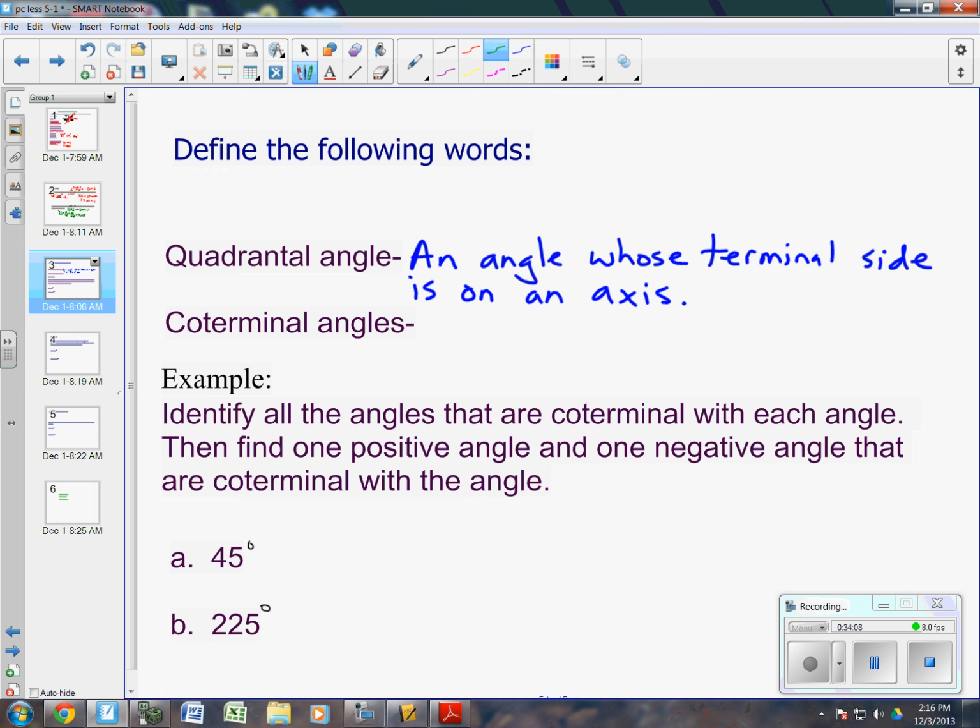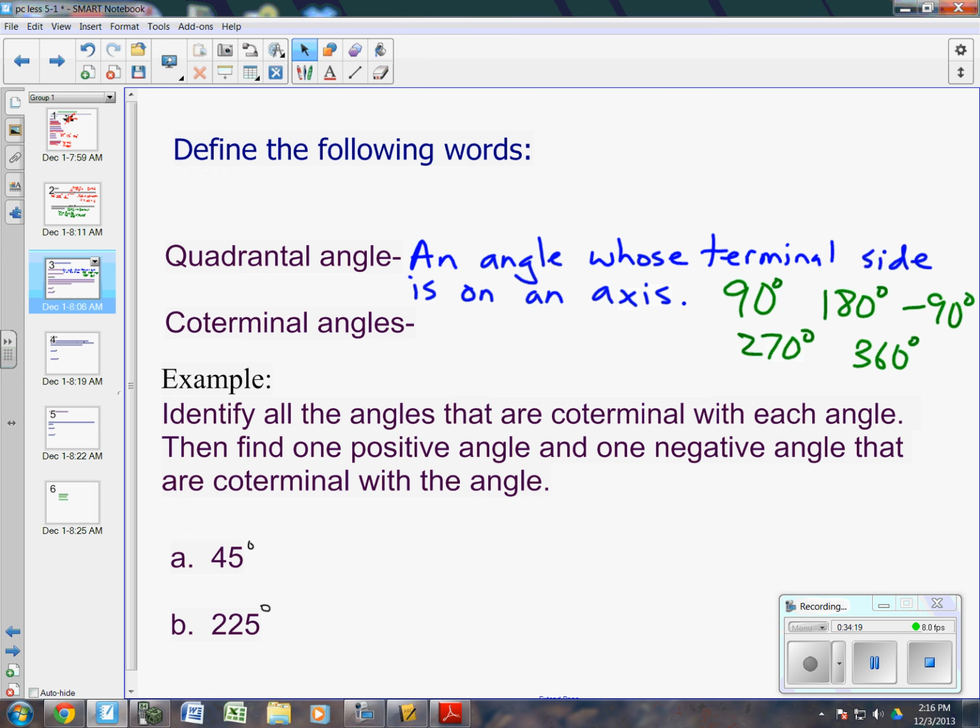Examples would be 90-degree angles, 180-degree angle, negative 90-degree angle, 270-degree angle, 360-degree angle, and so on forever. Any multiple of 90 degrees is going to be a quadrantal angle because its terminal side is always going to be on one of the axes. Okay?